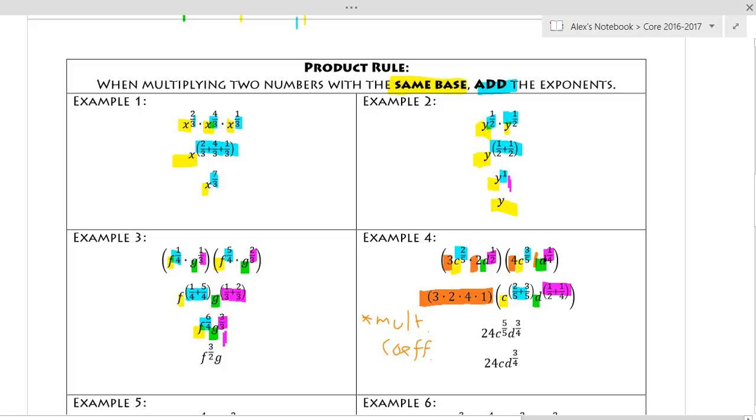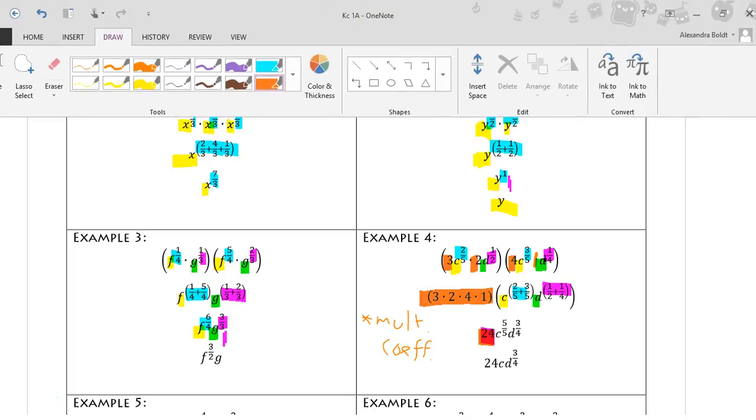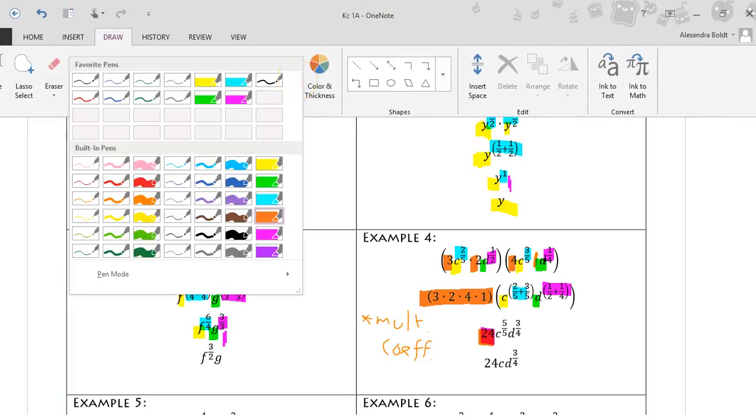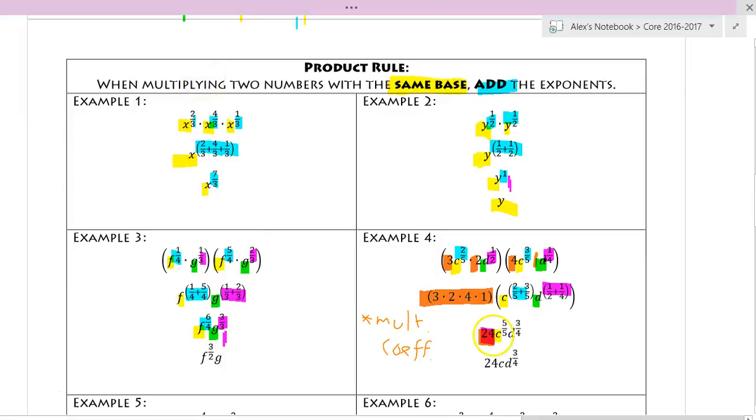3 times 2 times 4 times 1, right, is 24. And again, you can use your calculator to help you with some of that multiplication. Again, I still have that same base. And I just added those exponents. 2/5 plus 3/5 is 5/5.